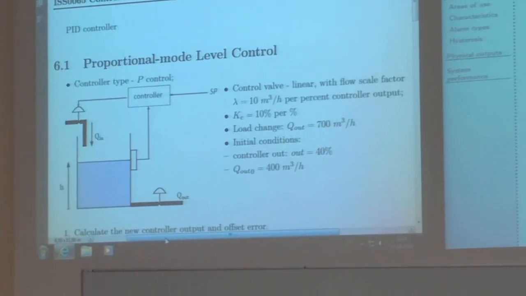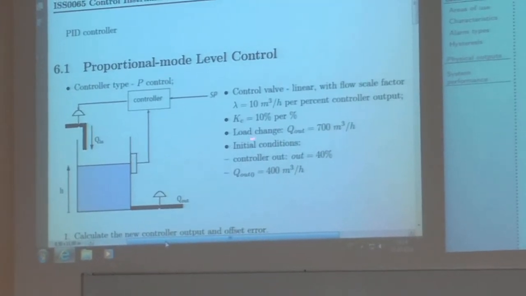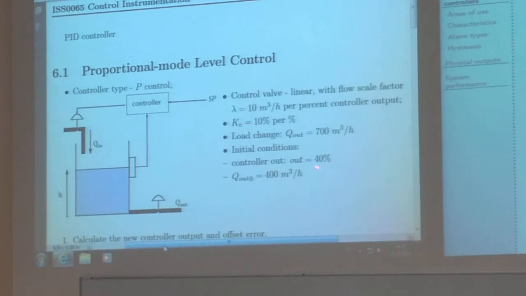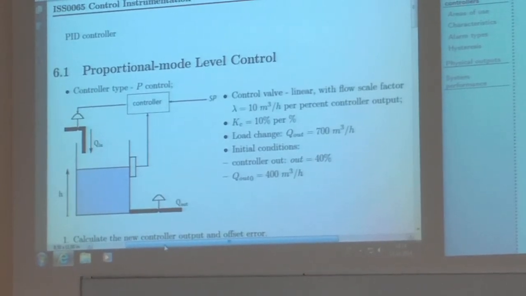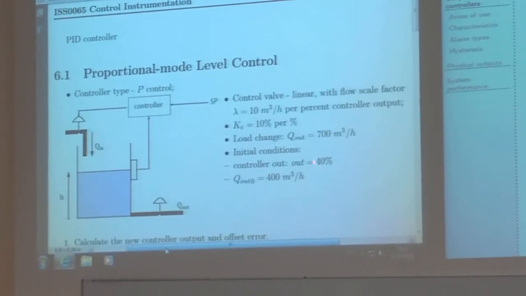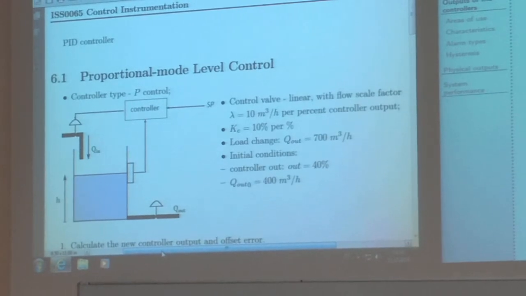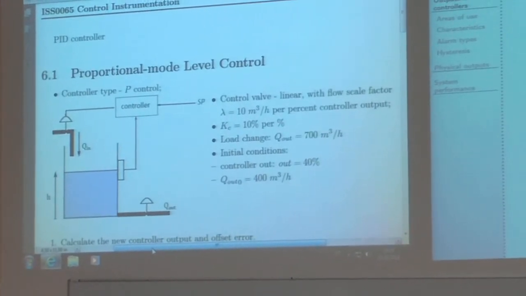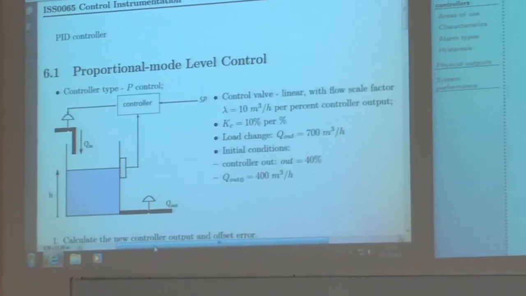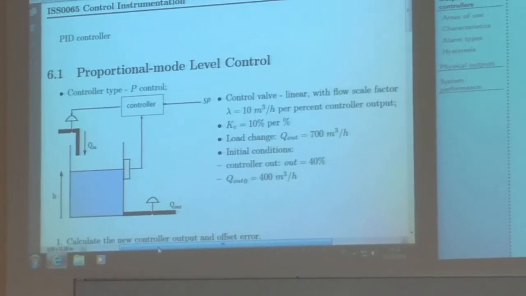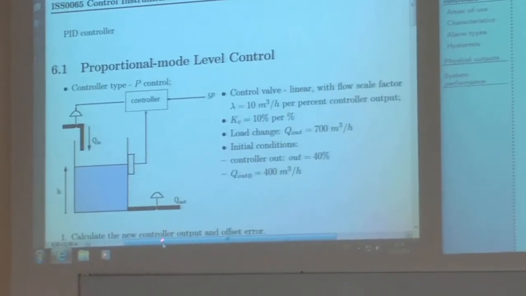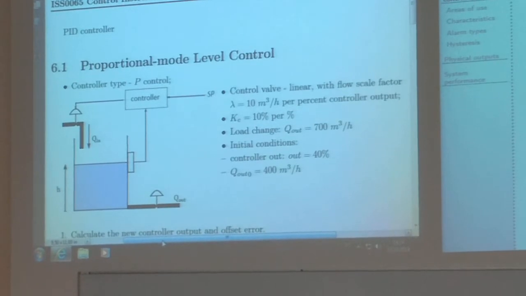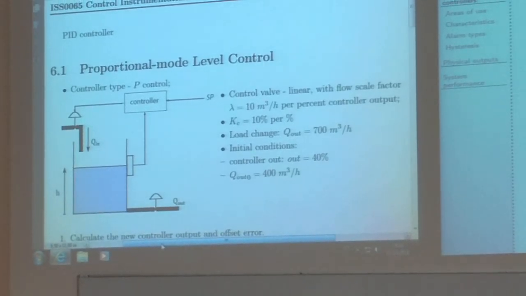So basically, at the initial position, we had that our output was 40%. In that case, we should calculate what is the new controller output and what is the offset error.